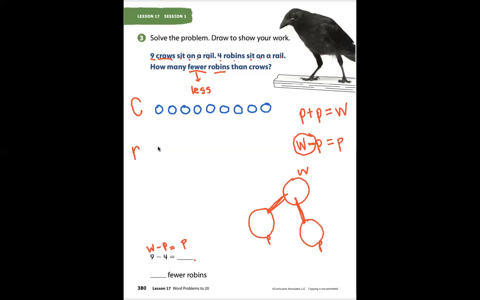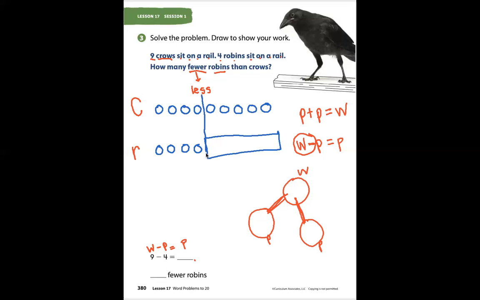So I'm going to draw how many? 4. 1, 2, 3, 4. Now I'm going to compare how many crows and how many robins to see how many fewer or how many less robins there are, right?